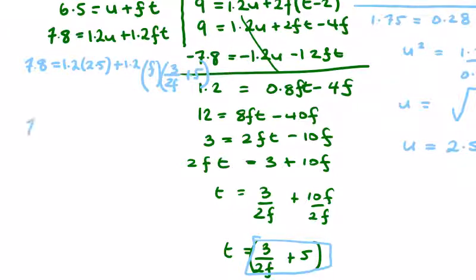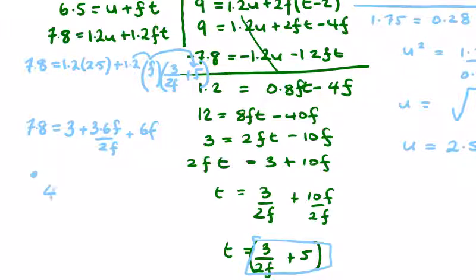So 1.2 by 2.5 will be 3, plus 1.2F by 3, 3.6F over 2F, and then plus 1.2F by 5 will be 6F. It's a bit messy.